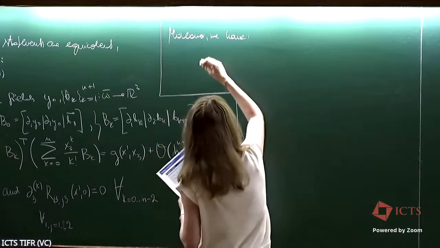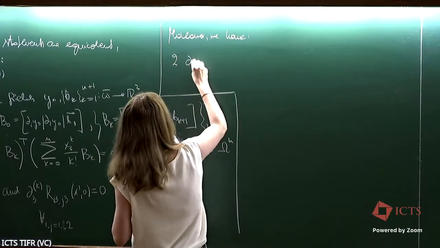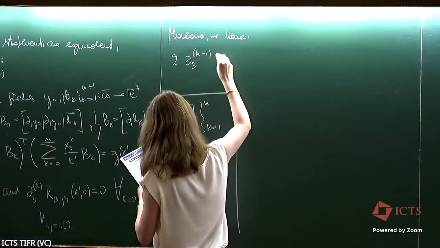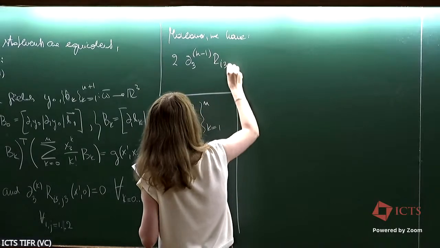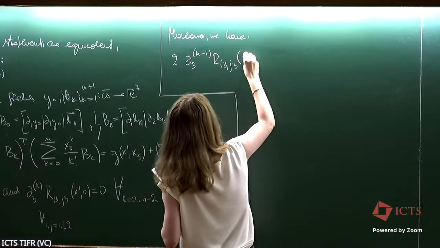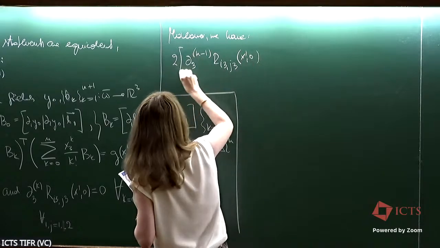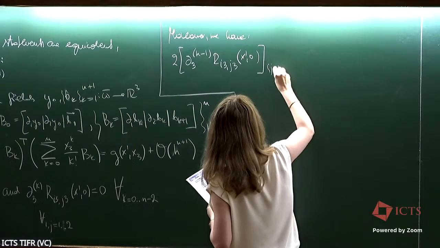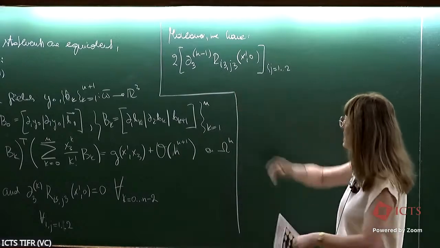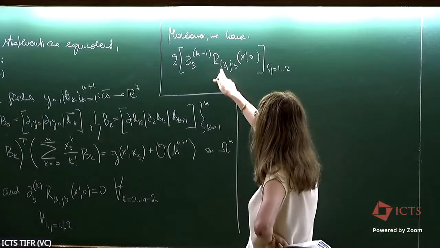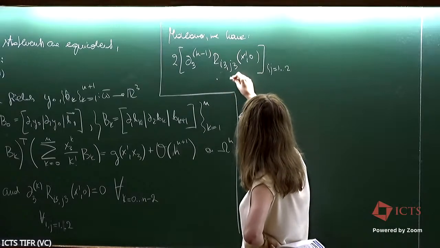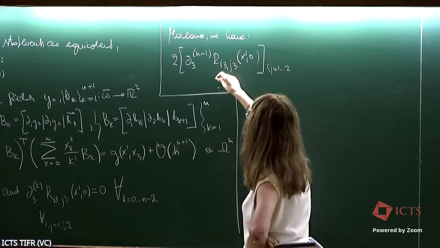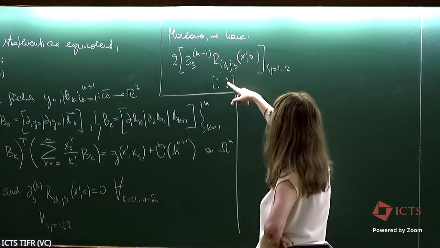So I have the following formula twice D3, where k is now n minus 1, R_i3j3 at x prime 0. I view it as a matrix in ij from 1 to 2. So I arrange R1313, R1323, R2313, and R2323. This will be a 2 by 2 matrix.